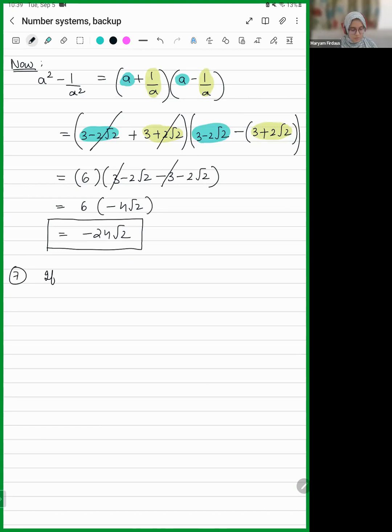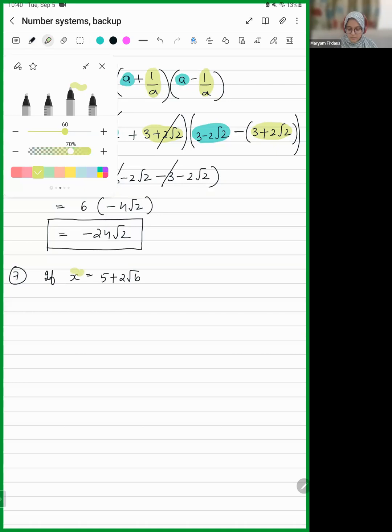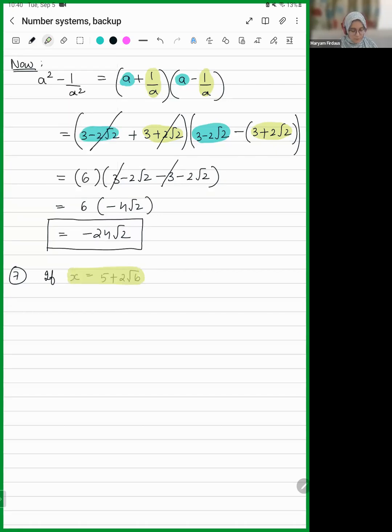If x can be written as, if x is 5 plus 2 root 6, then find the value of x square plus 1 by x square.